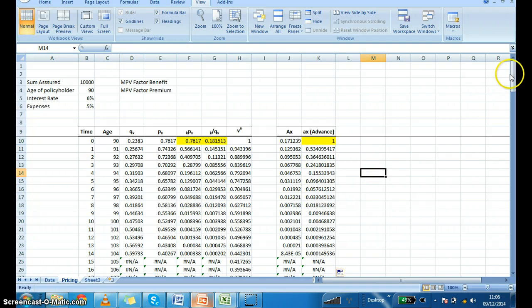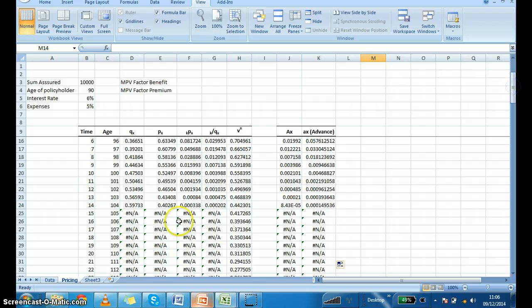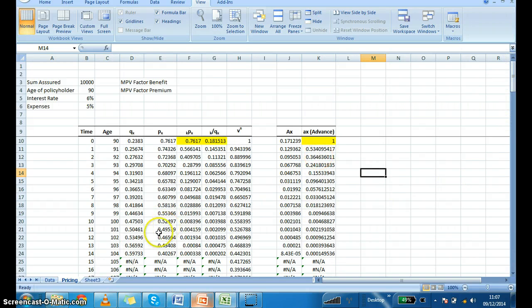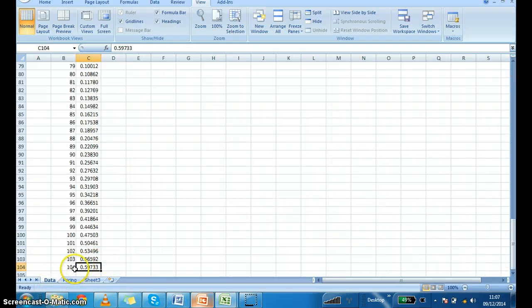So if you realize that we have errors here, you need to take care of these errors. Basically, these errors are because this column picks the mortality of this age right here. But if you come to age 105, there's no mortality for a person aged 105, because according to my life table, the maximum age that a person can be is 104.